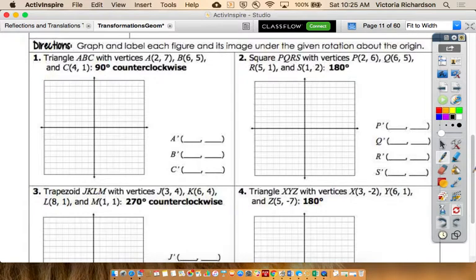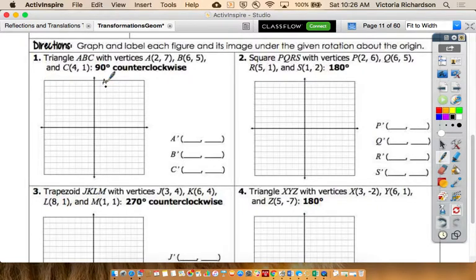Triangle ABC, or let's look at the directions first. It says graph and label each figure and its image under the given rotation about the origin. So we have triangle ABC with vertices 2, 7. So we start at the origin. We count over 1, 2, and up 1, 2, 3, 4, 5, 6, 7.